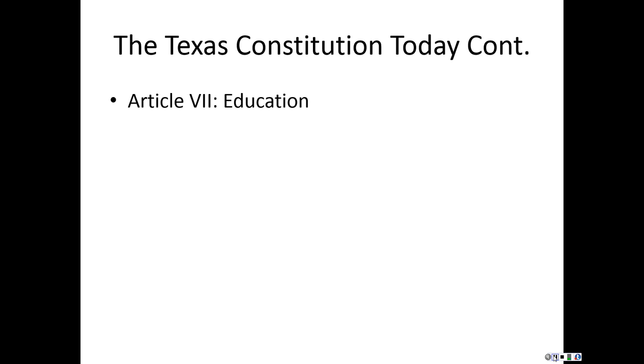One of the things that is normally cut during harsh economic times is the funding for education. The school districts will turn around and sue the state, sue the legislature, and say they are failing under Article 7 to maintain an efficient system of public free schools because the legislature is not providing enough money.